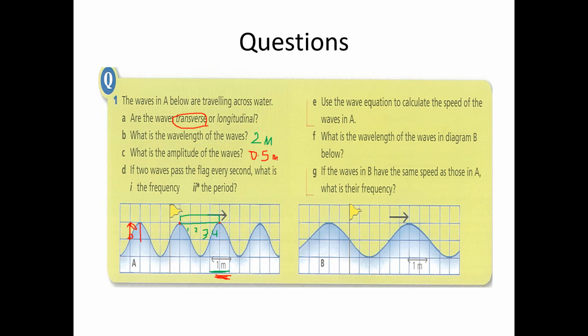Okay, is that clear? Now D. The question of D says if 2 waves pass the flag every second. Here they didn't give you numbers, but they gave you words. So you should focus on these words. If 2 waves pass the flag every second, what is the frequency?